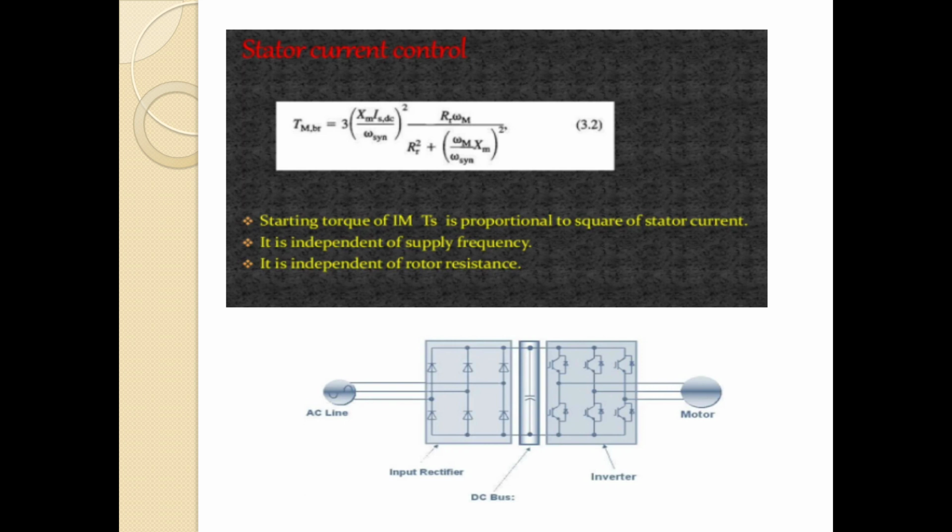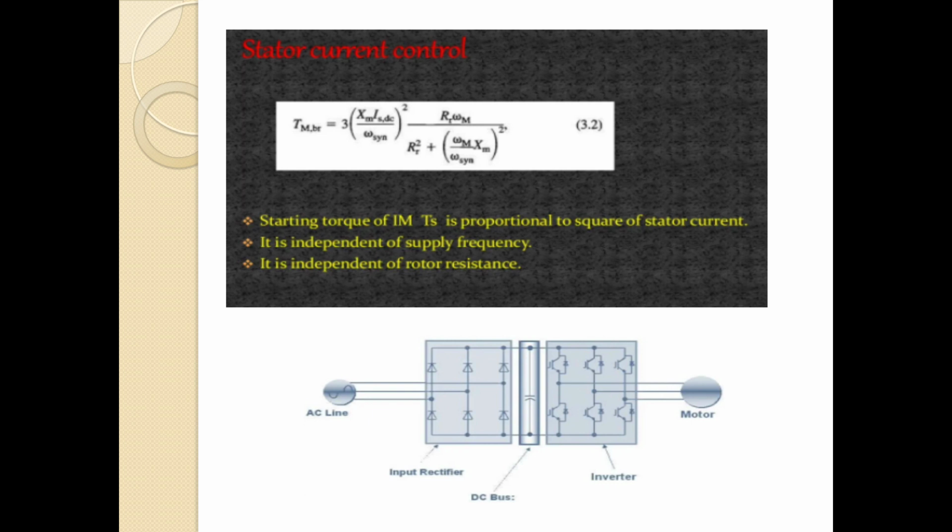Stator current control. The starting torque of induction motor is proportional to the square of the stator current. It is independent of supply frequency. It is independent of rotor resistance.